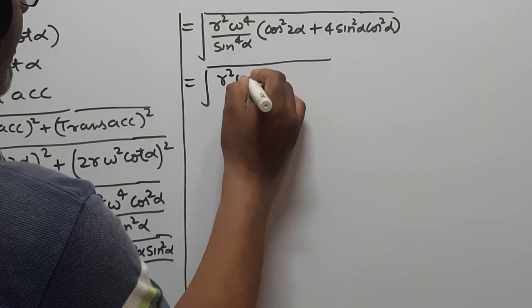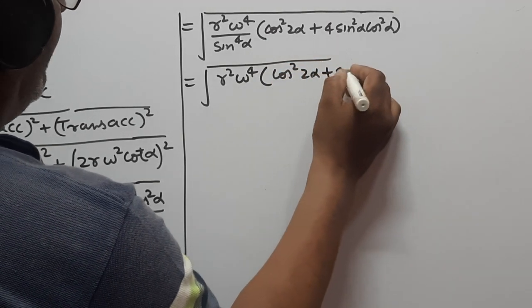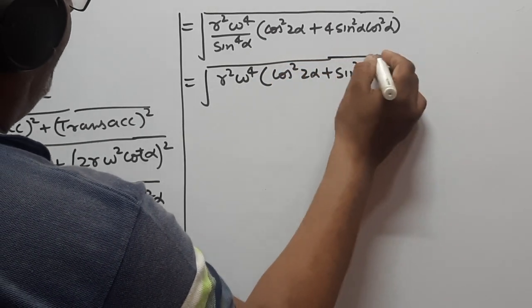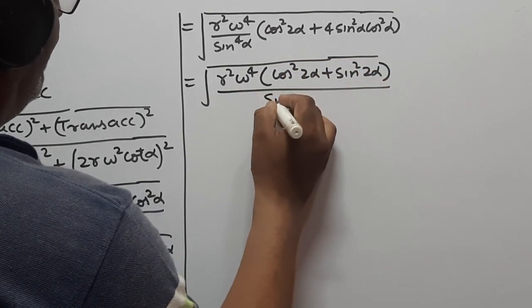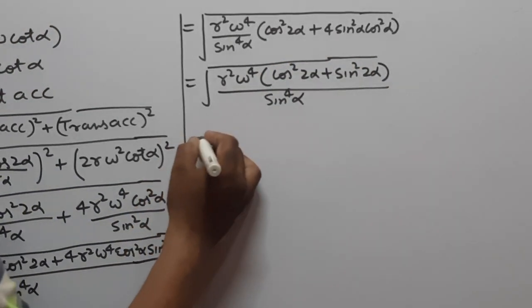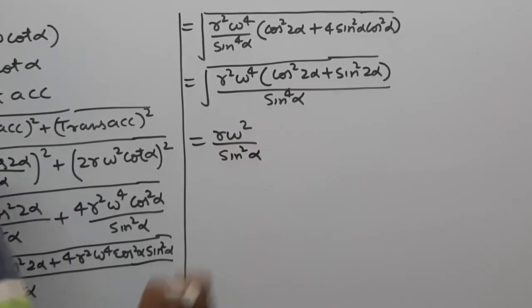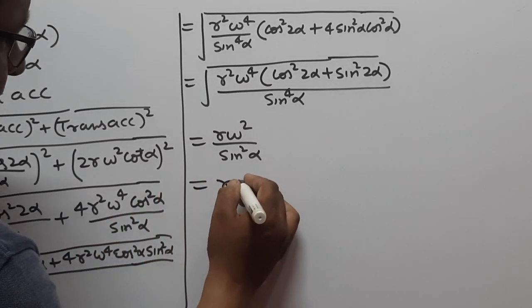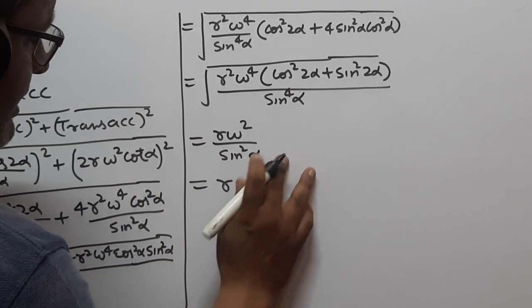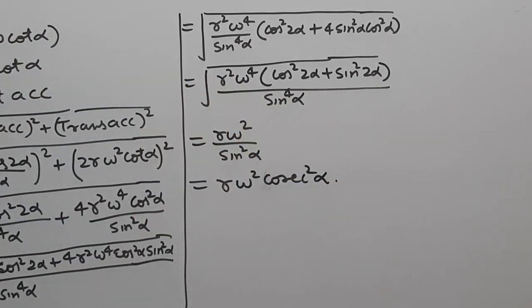So this is r² ω⁴ (cos² 2α plus sin² 2α) divided by sin⁴ α. So this is equal to 1. We get r ω² over sin² α. So this is the resultant expression. This can also be written as r ω² cosec² α.